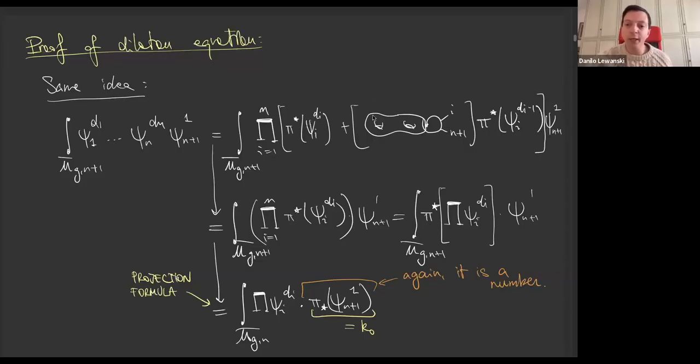But you do want to take one of these other terms because that would ensure that the result of that summand is not a pure pullback, and therefore it does not immediately vanish, and then you discover that it actually does not vanish at all. But in the proof of the dilaton equation, now this vanishing swaps. What used to be vanishing before, because it was a pure pullback, now if you only take those terms, it's not a pure pullback any longer, because you still have this psi_{n+1} to the power 1, which is not a pullback.